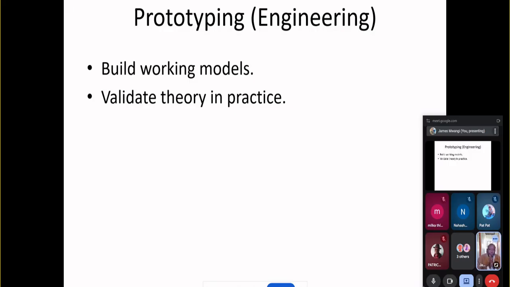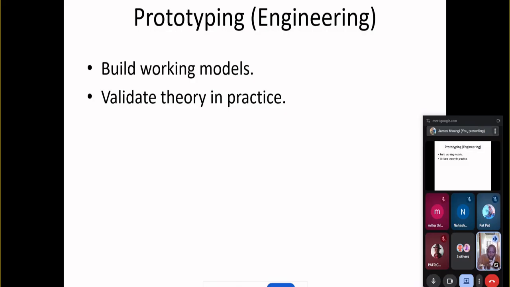Then you prototype. So you build working models, maybe you are making a mat making machine. You make that prototype and you validate the theory in practice. Now, the prototype of that car, you know it was a shape in the wind, and it was being hit by the wind.